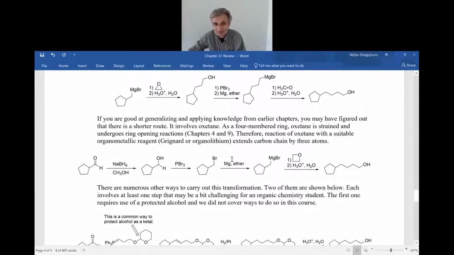And so when we prepare a Grignard reagent, we can react it with oxetane. It's a little bit less reactive than oxirane, so the reaction is slower, but it still reacts, and we have a reaction that results in extension of carbon chain by 3 atoms. And so that would give the product.